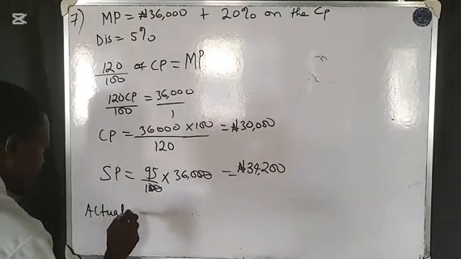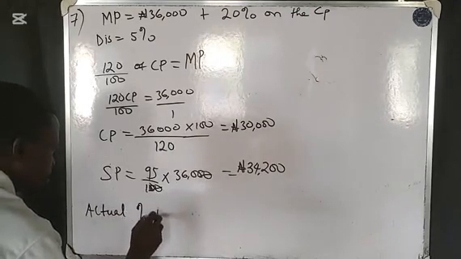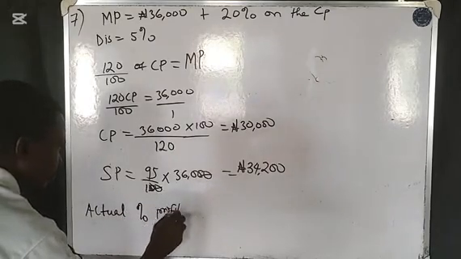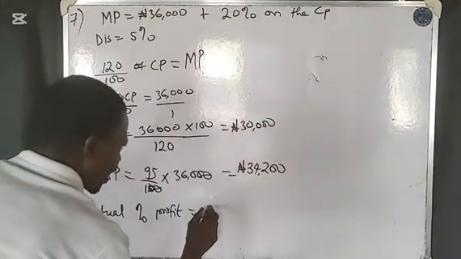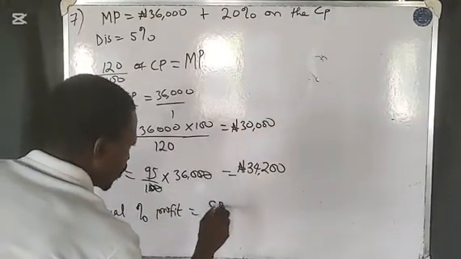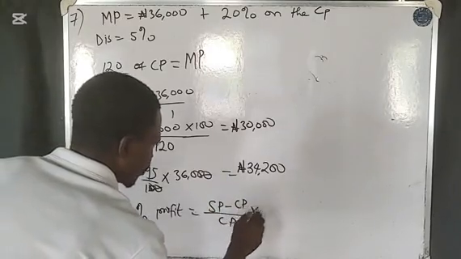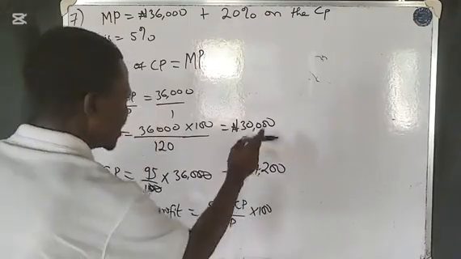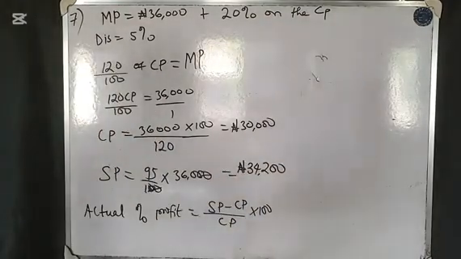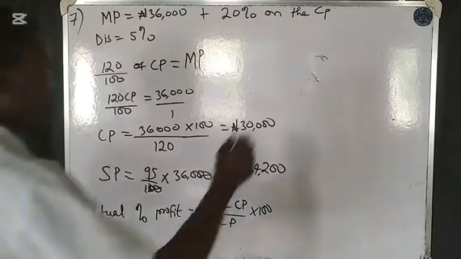Actual percentage profit. We use this formula: SP minus CP over CP times what? Find the difference between the selling and the cost price. That is it, right?